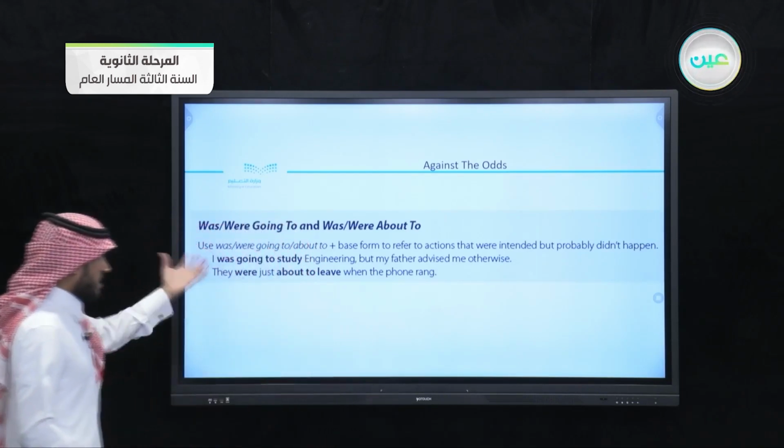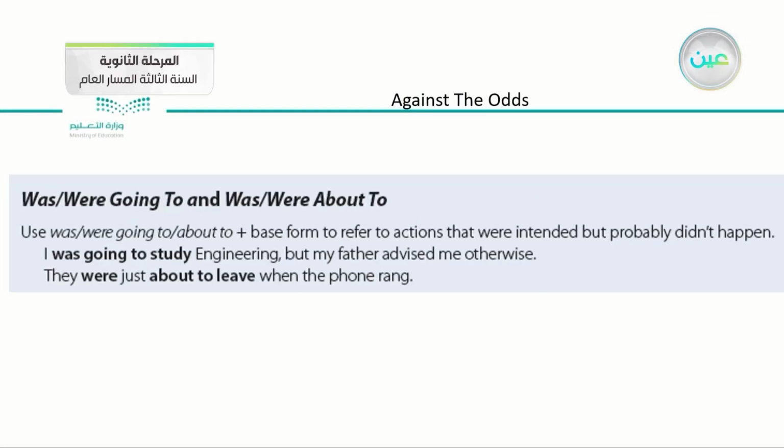We use was or were, going to or about to, followed by the base form of the verb, to refer to an action that was intended but probably didn't happen. So it was intended. You wanted to do it, but you most likely didn't do it.